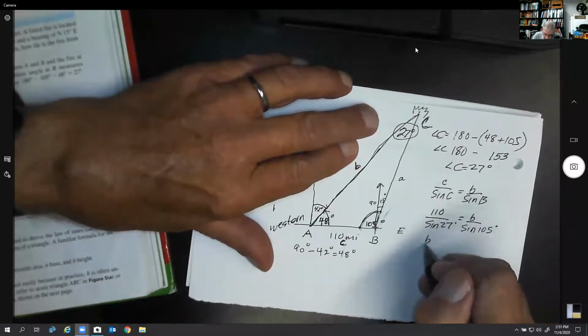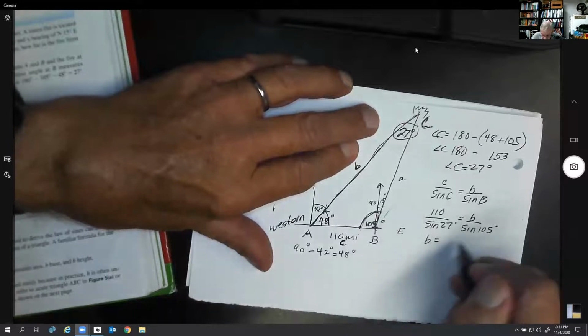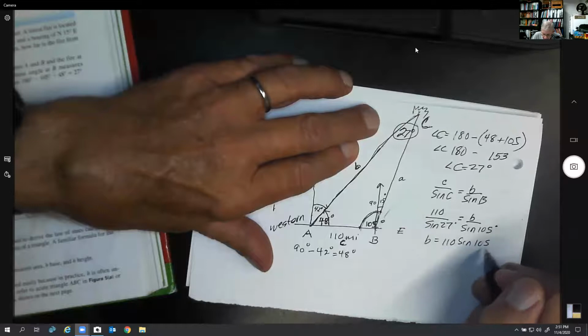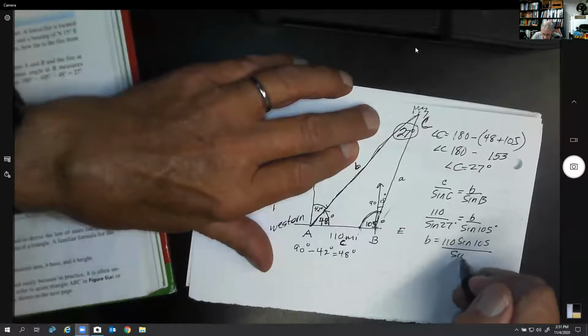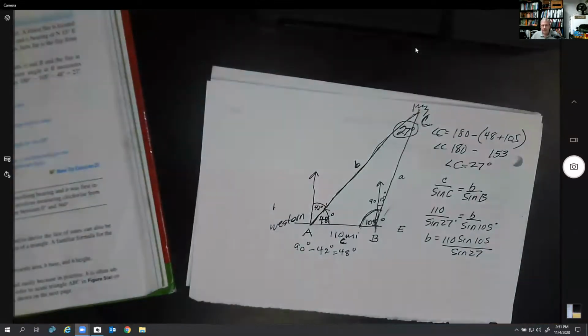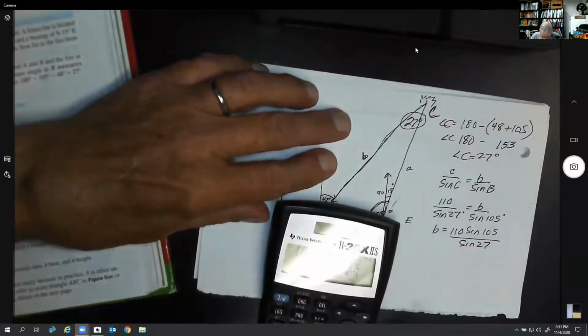So side b is going to equal 110 sine 105 divided by sine 27. Kind of cool, huh? So now we can calculate this out.